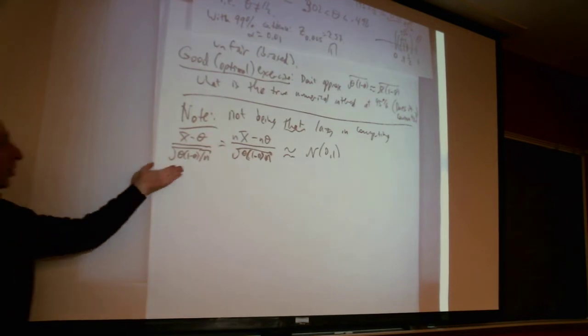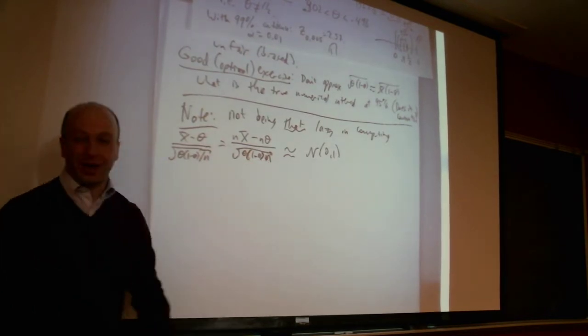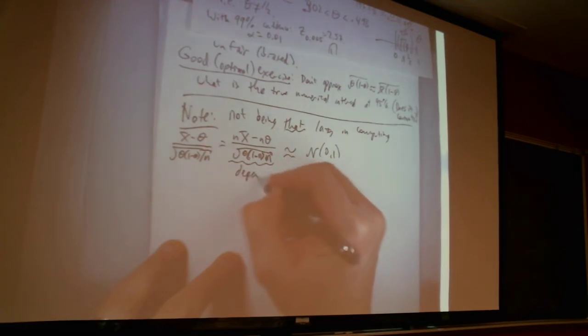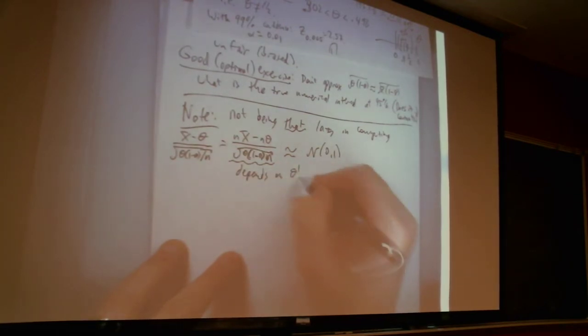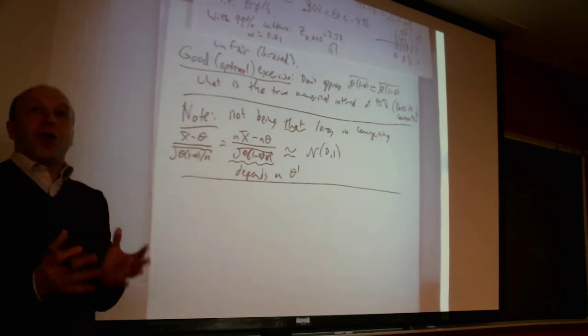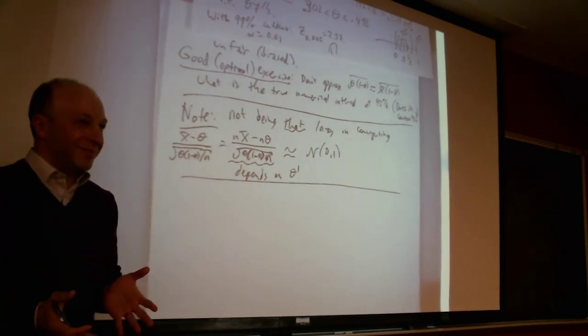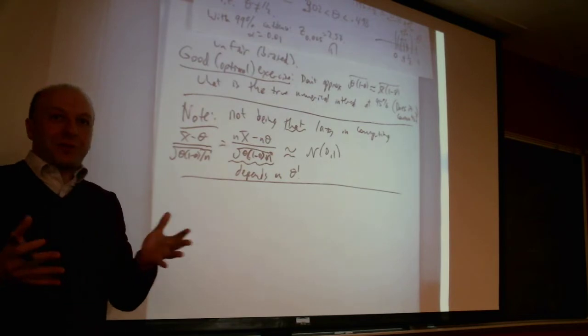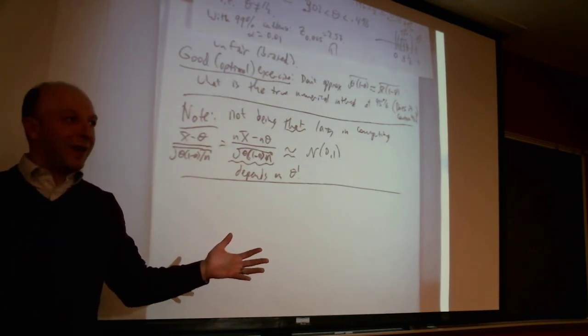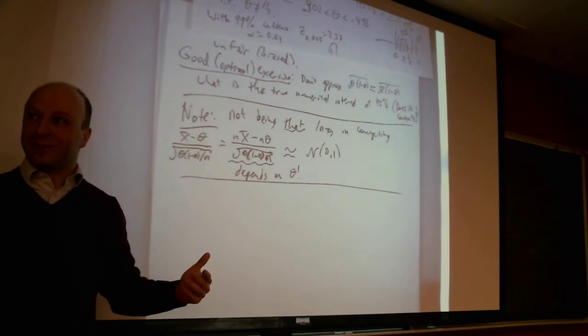So we can't compute this without knowing theta. This depends on theta. Unlike a t-distribution where we know the degrees of freedom. That's just a function of how many samples we got. It doesn't depend on the parameter that we're trying to estimate.